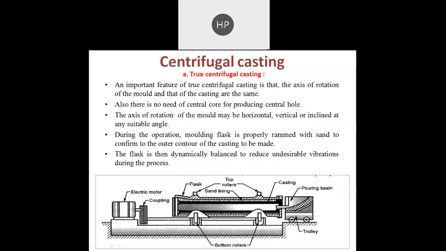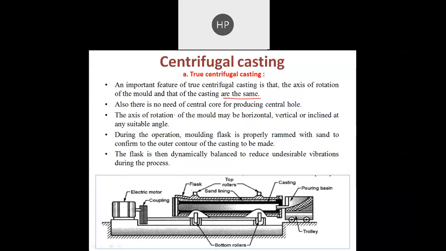An important feature of true centrifugal casting is that the axis of the rotating mold and that of the casting are the same. So here, as you can see in this diagram, this one is the rotating cylinder.